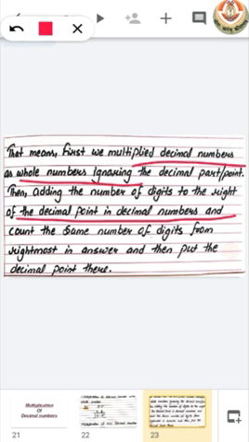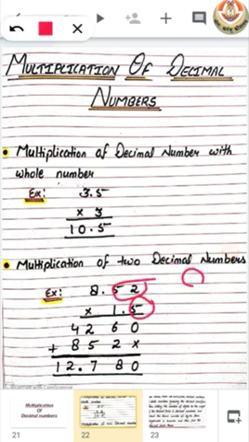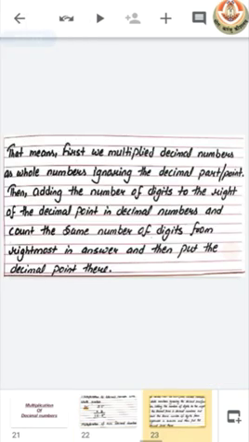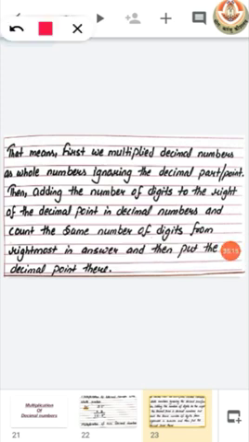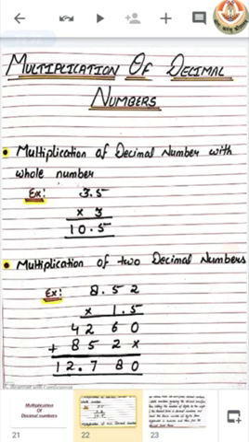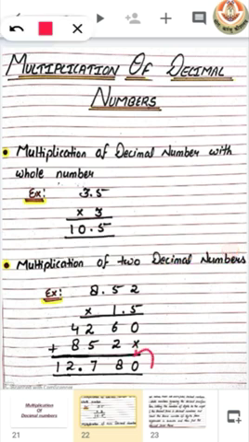After adding the digits, for example, in this part we get to know that there are total 2 plus 1, meaning 3 digits on the right side of the decimal. After counting them, we count the same number of digits from the rightmost in the answer and then put the decimal point there. As we did here, we put the decimal point after 3 digits counting from the rightmost side.